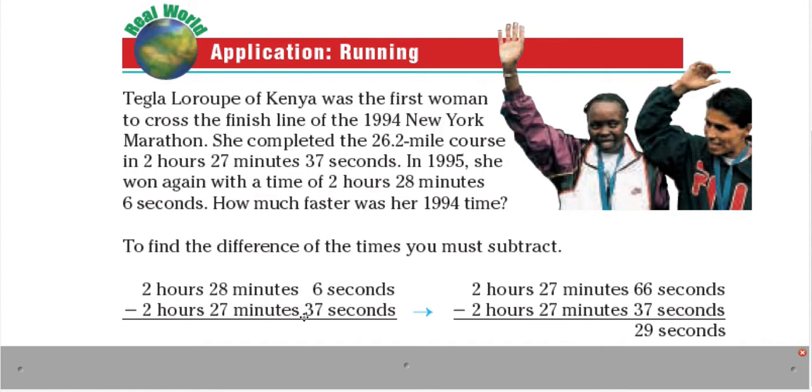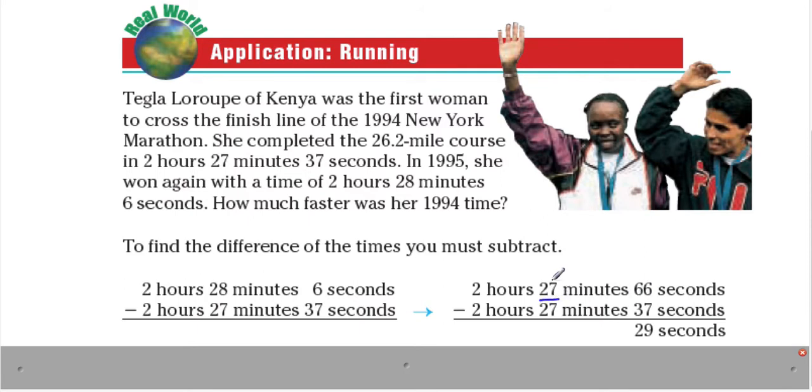If you notice, you cannot subtract 37 seconds from 6 seconds. So what do we do? We borrow 1 minute from 28 minutes. The minute that we borrowed, we add to 6 seconds. So this now becomes 2 hours, 27 minutes, 66 seconds. We borrowed 1 minute from 28 minutes, and that's the reason why you end up with 27 minutes here.